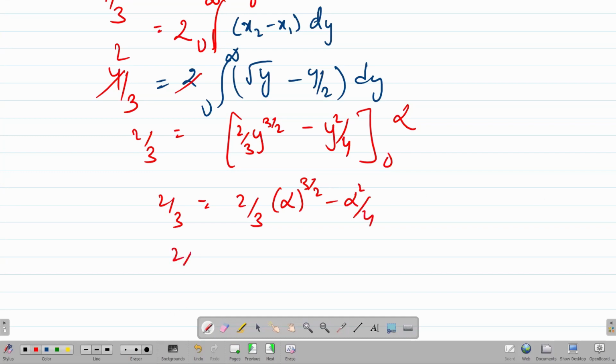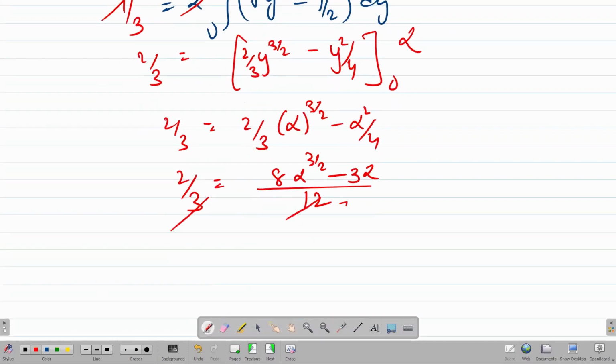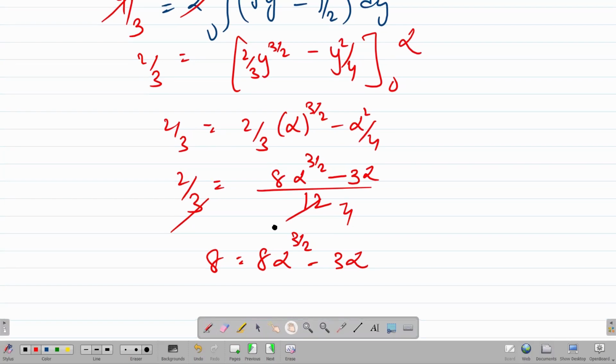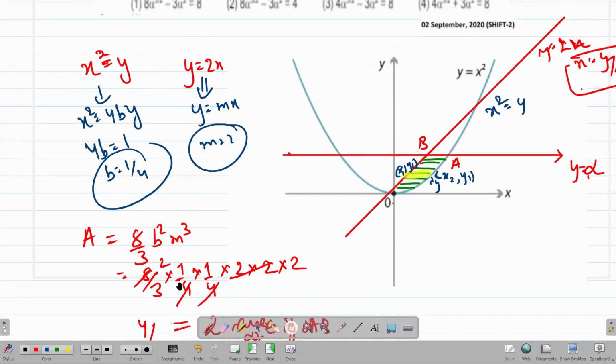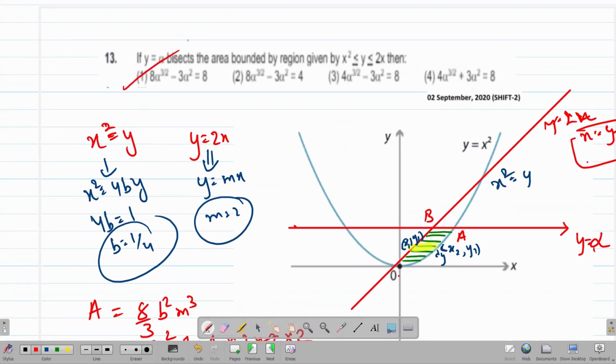On further solving I get 2 by 3, and if my LCM is here 12, so here I get 8 alpha 3 by 2 minus of 3 alpha square. On further solving I get 8 is equal to 8 alpha 3 by 2 minus 3 of alpha. So my desired option is here option A, or first option is the correct answer.